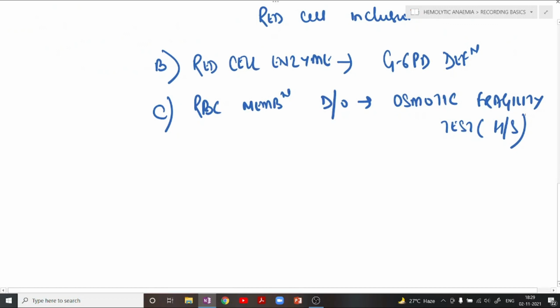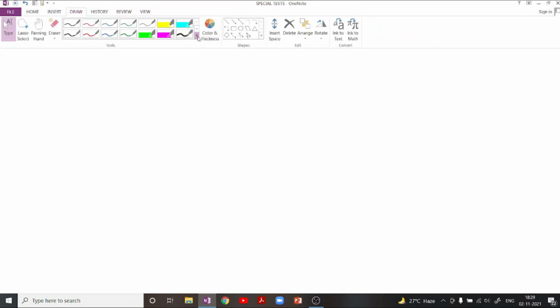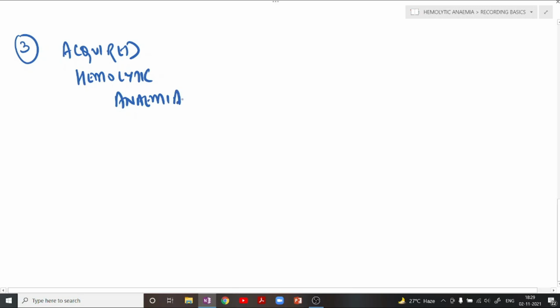And lastly, the third is the test done to detect acquired hemolytic anemia. Which test are you going to do to detect acquired hemolytic anemia?